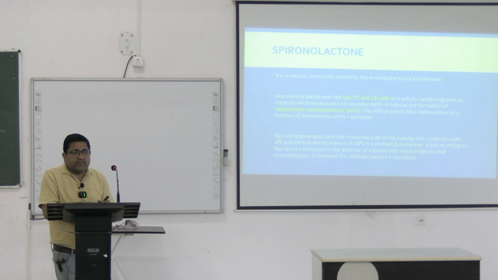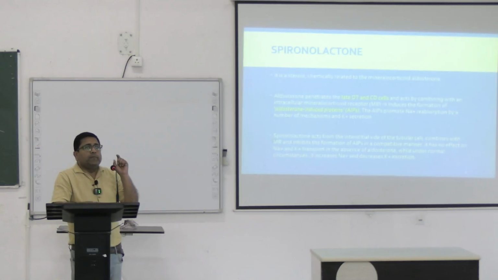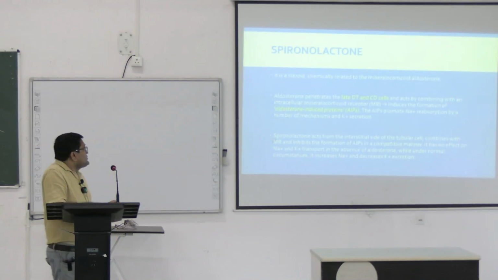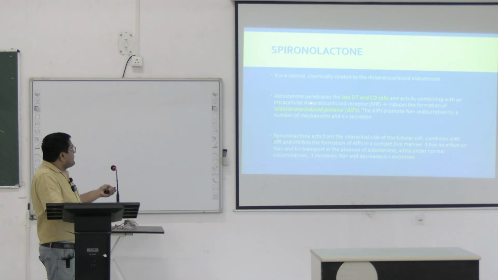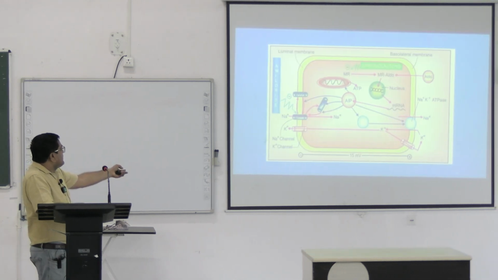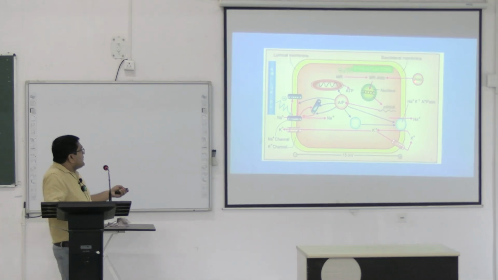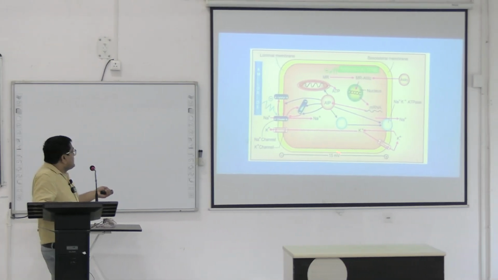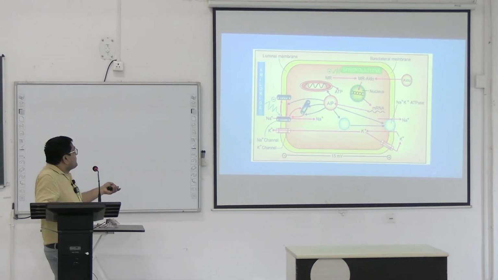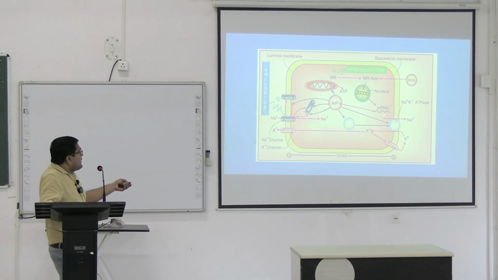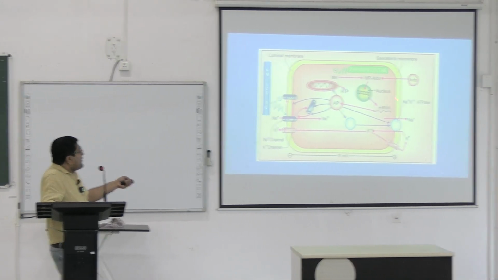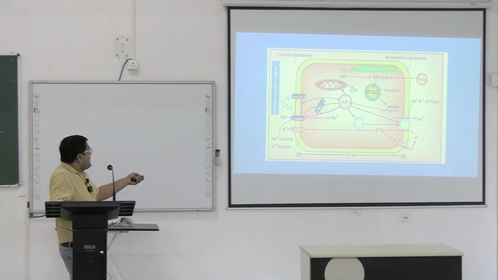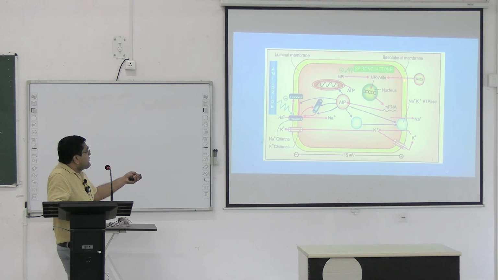It is structurally related to the mineralocorticoid aldosterone. What does aldosterone cause? This is the late distal tubule and collecting duct cell, where aldosterone basically enters via the basolateral membrane.